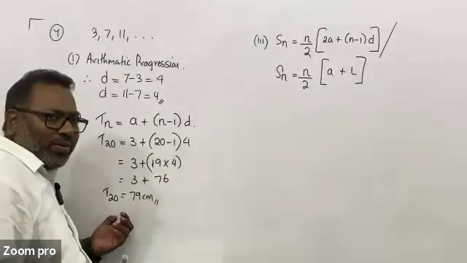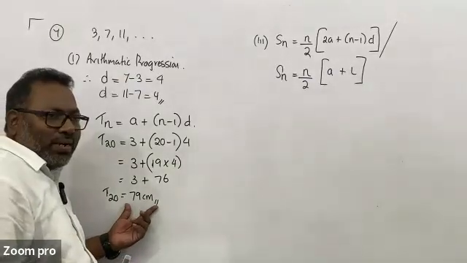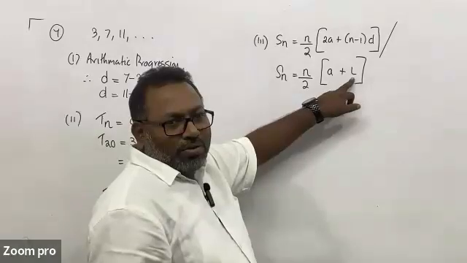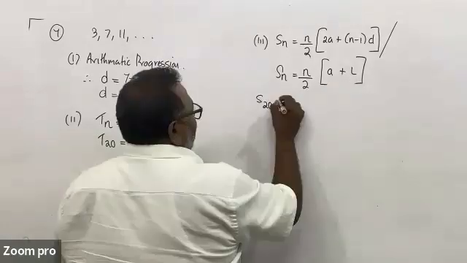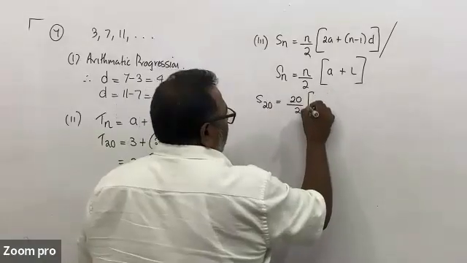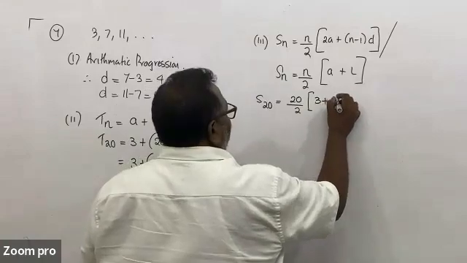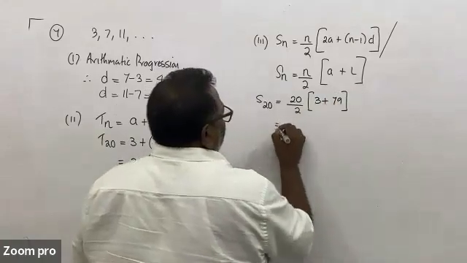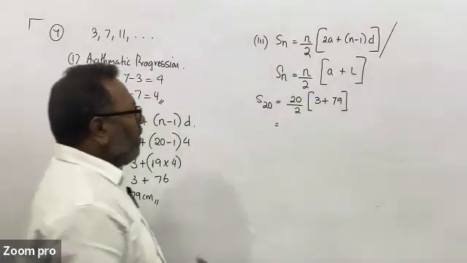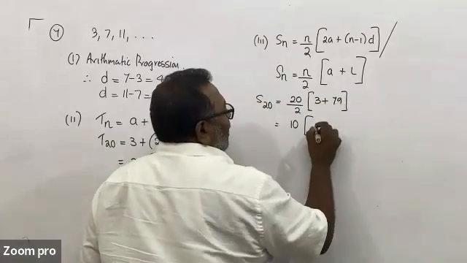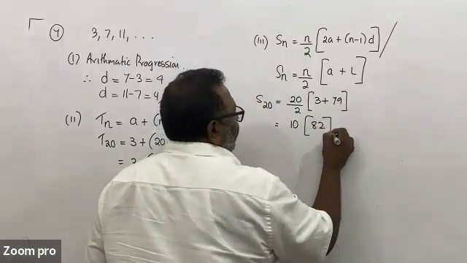Why? We calculated it in question number 2. What is the 20th length? 79 centimeters. So straight away we can use that, which is easier. So the sum of 20 ribbons is 20 divided by 2 into 3 plus your last one, which is 79. 20 divided by 2 is 10. 3 plus 79 is 82.